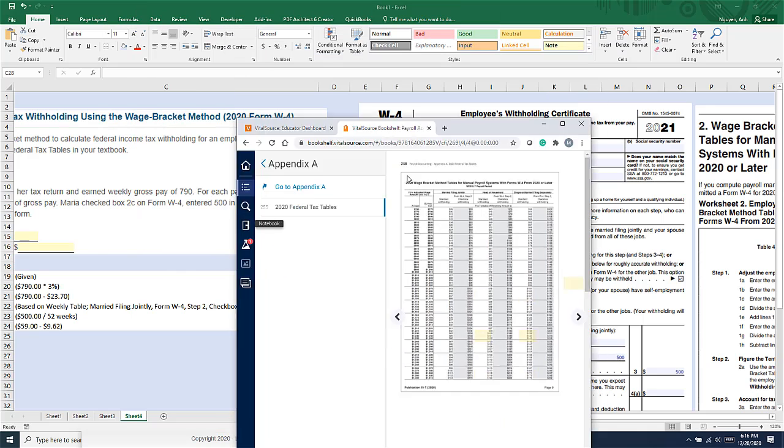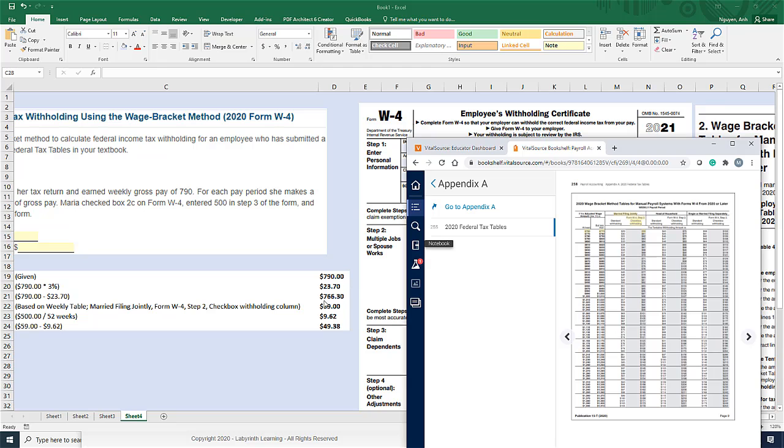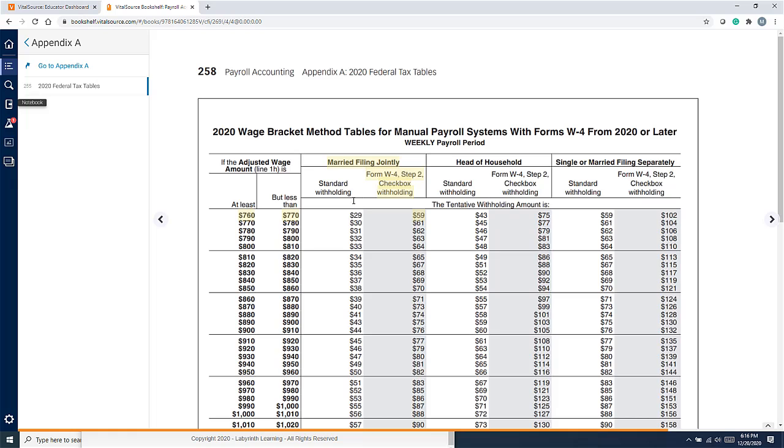What is our wage? We had figured that out to be $766.30. So it falls in this range here. And then the intersection with the column heading, Form W-4 Step 2 checkbox. So it's 59. That is the amount of tax to be withheld.